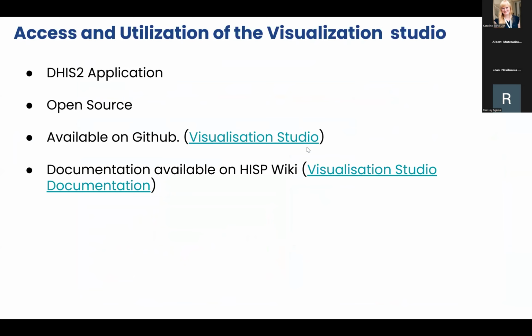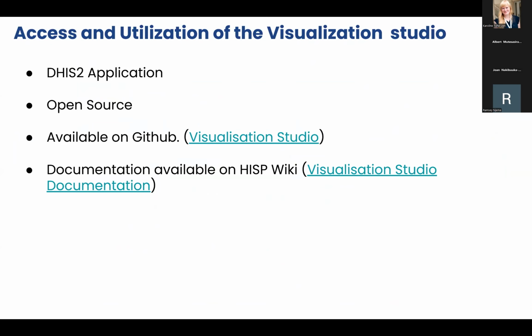Yeah, so the Visualization Studio is a DHIS2 application, like I said in the earlier slides. It is also open source, which means that developers can contribute to it. It is also available on GitHub through a link that I'm going to share in the chat, and there is documentation available on how to use it.